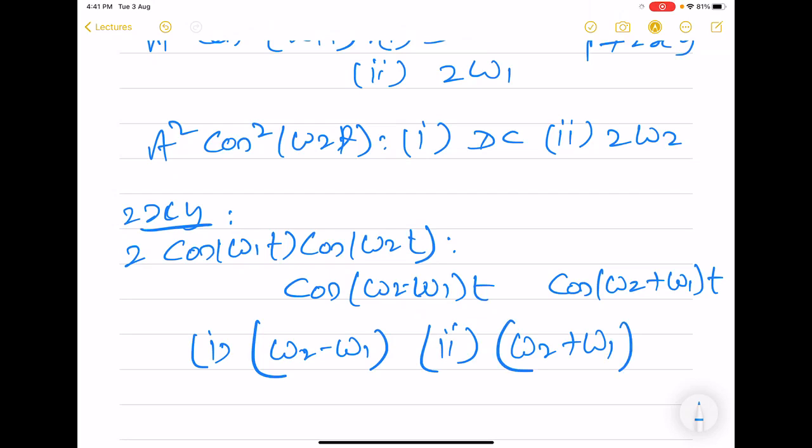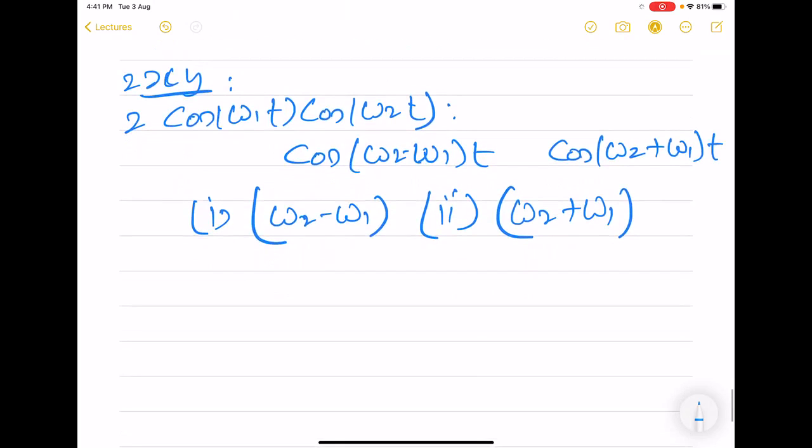So these types of term where we have a sinusoid arising because of the mixing of the two tones are called intermodulation products.